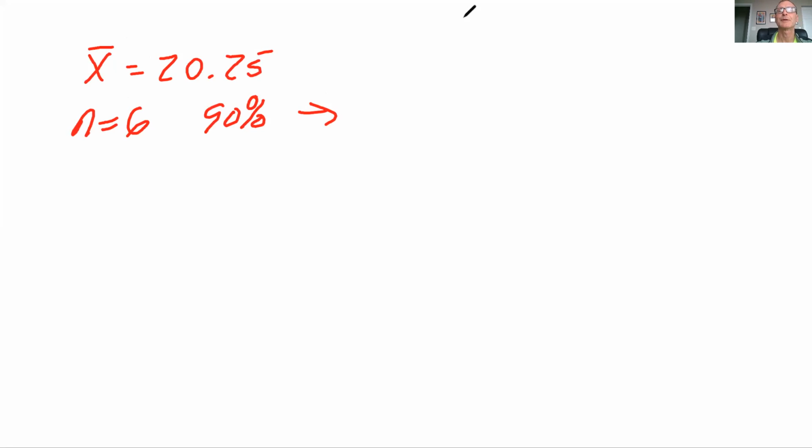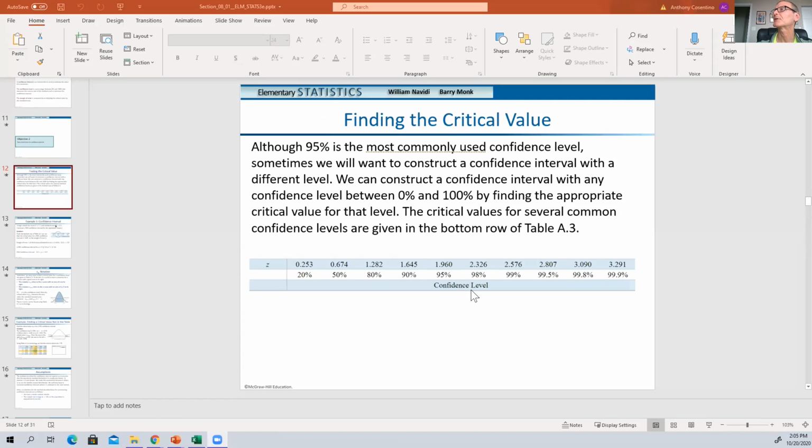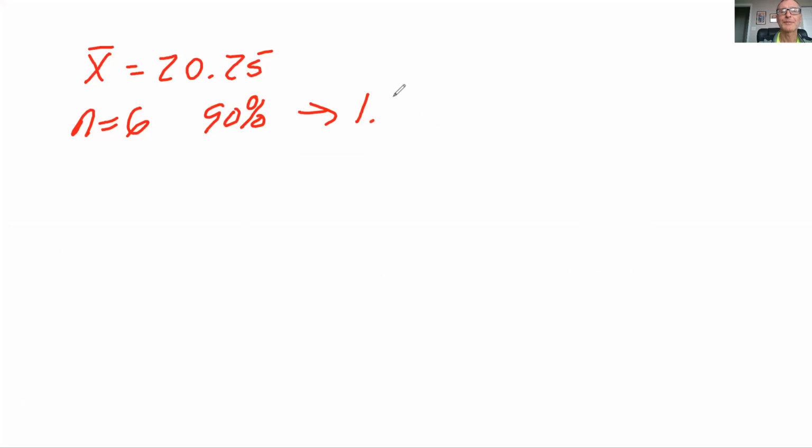Here, let me pull it up and show it to you. This table will come in handy because it has all the z-scores we need. A confidence level of 90% will give us the z-score of 1.645. That will come in handy for our calculation. 1.645 is our z-score associated with that.